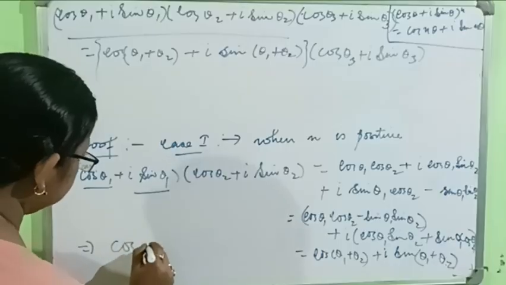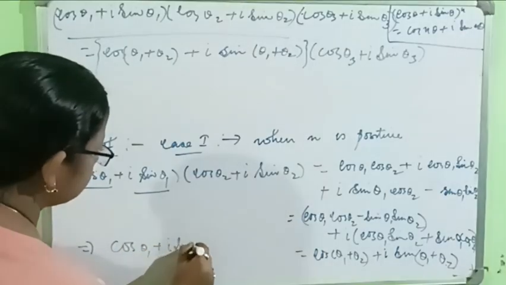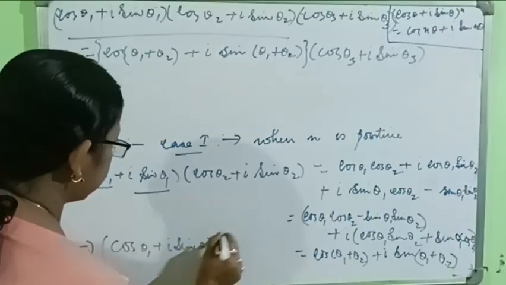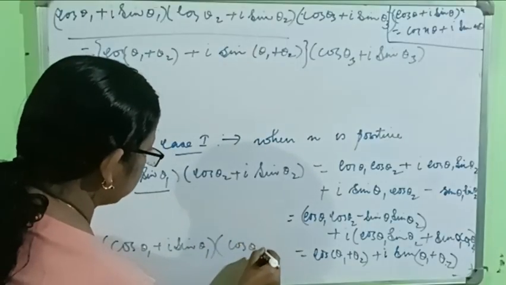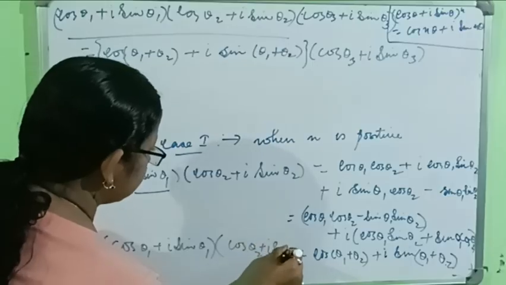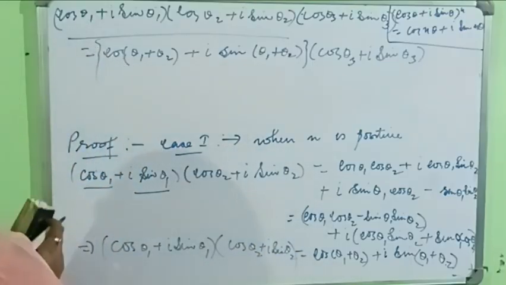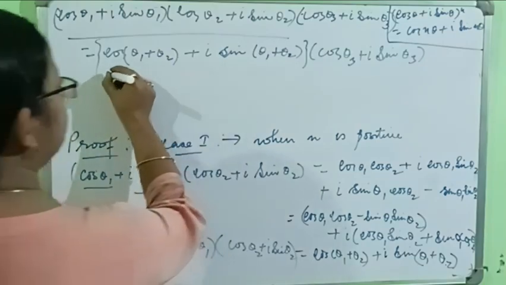Write out this one. Cos theta 1 plus i sin theta 1, cos theta 2 plus i sin theta 2. So again expand this one.